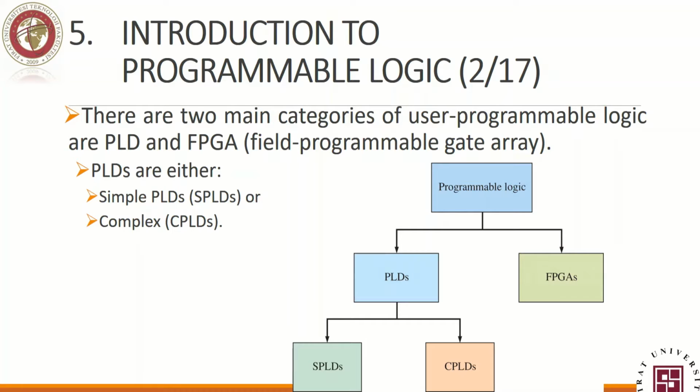We don't have any design, and we don't need to discuss the details of the components or the circuits. All right. So for PLDs, we have the simple type, simple programmable logic devices or SPLDs, and we have the complex programmable logic devices. We have these two, and we will explain why they are referred to as simple and complex.